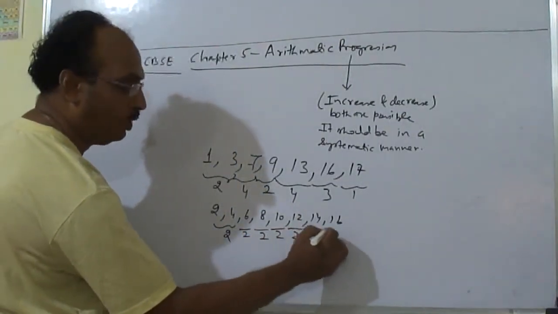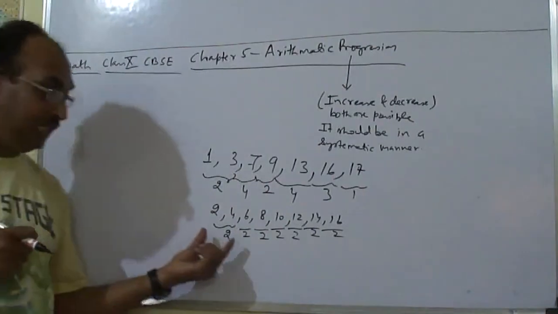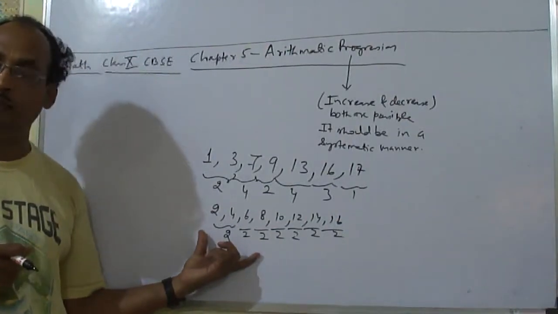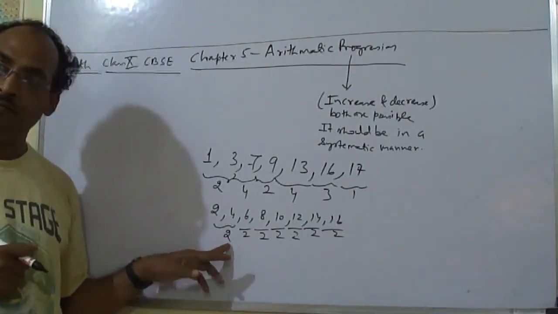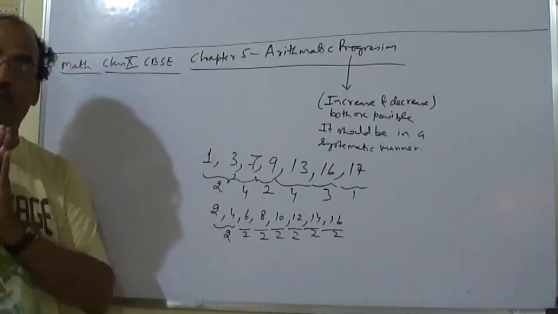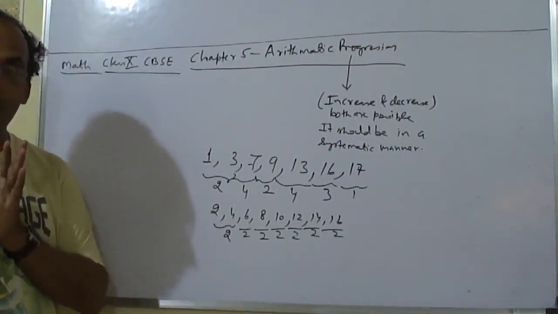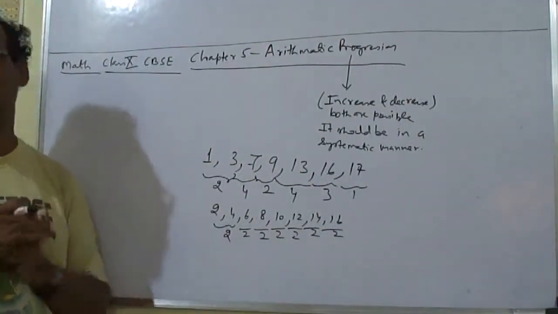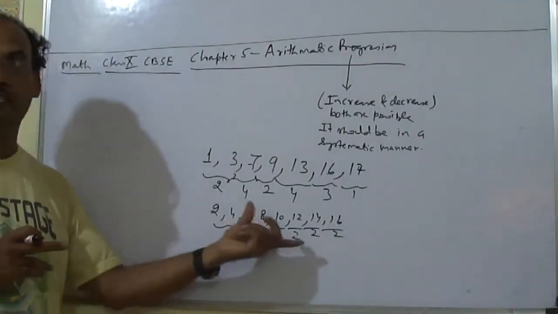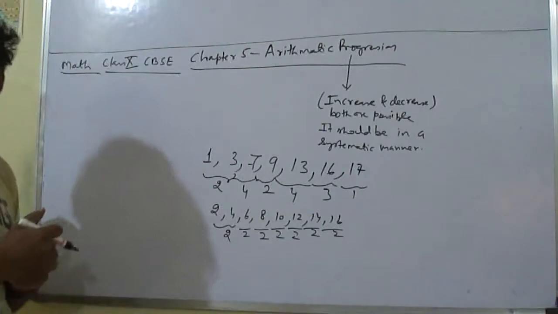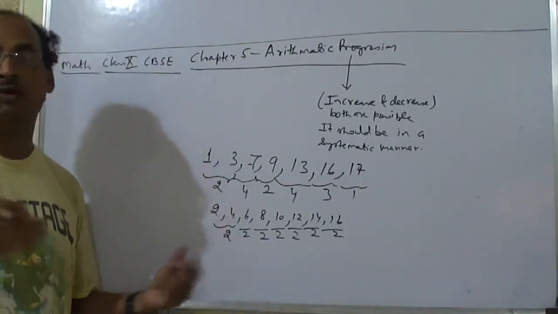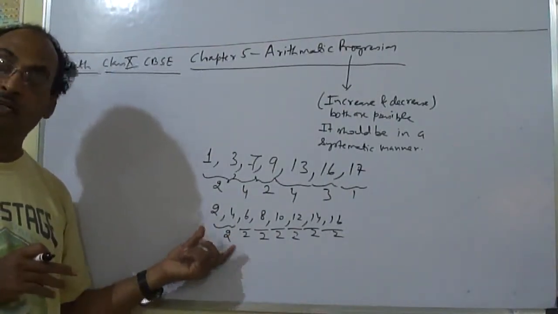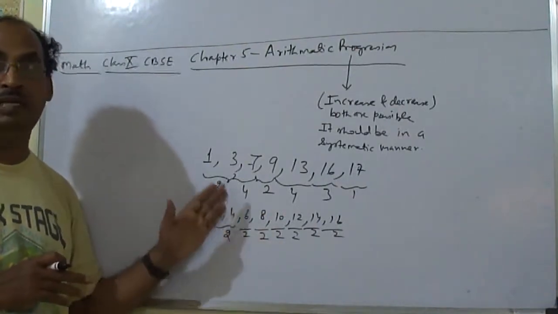If in this manner, any increase or decrease, negative or positive, keeps a constant difference in all numbers, then this series will be called an arithmetic progression. So a constant difference is always maintained.